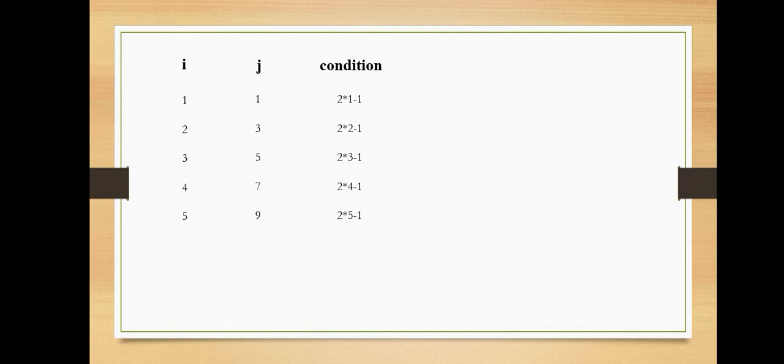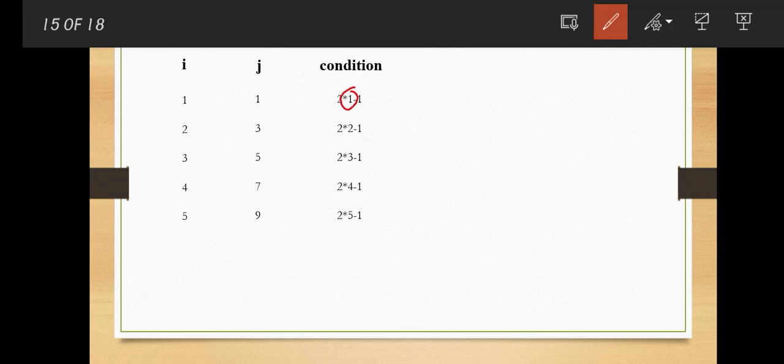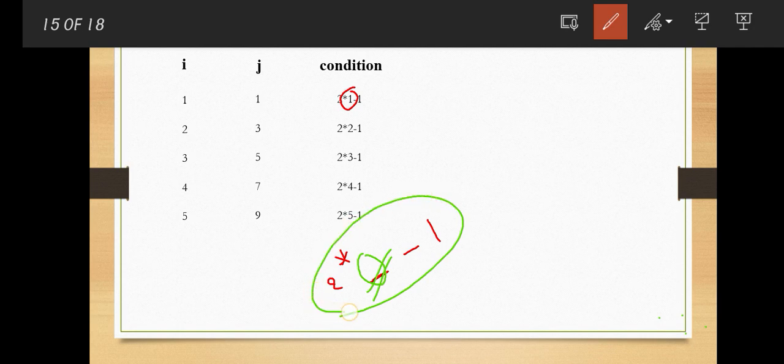So here, in place of this I, I am going to change the numbers. Here 2 into I minus 1 is common. The place I have marked with green color is not common. It is going to change, but the remaining whole process is going to repeat.